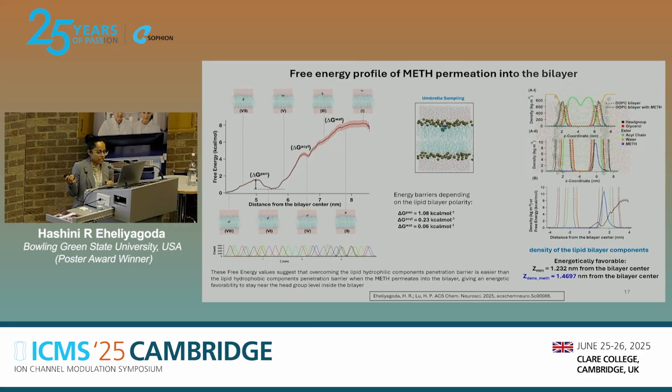Depending on the polarity, they should have different energy barriers and different energies to penetrate. So we placed the molecule at the top of the lipid bilayer, and then we dragged it and checked the energy. We drag it, we check the energy. Like that we got this beautiful energy profile, and we found that they need these energy barriers depending on the polarity gradients.